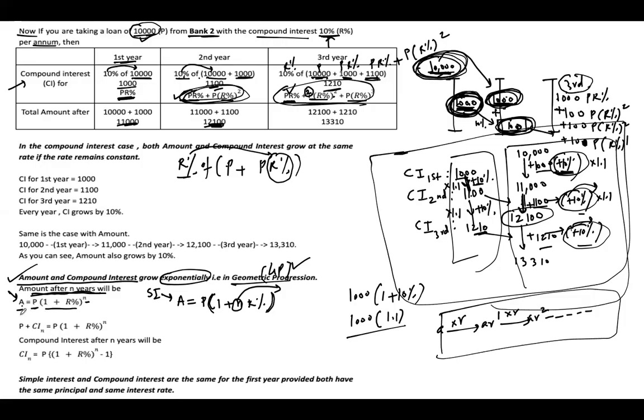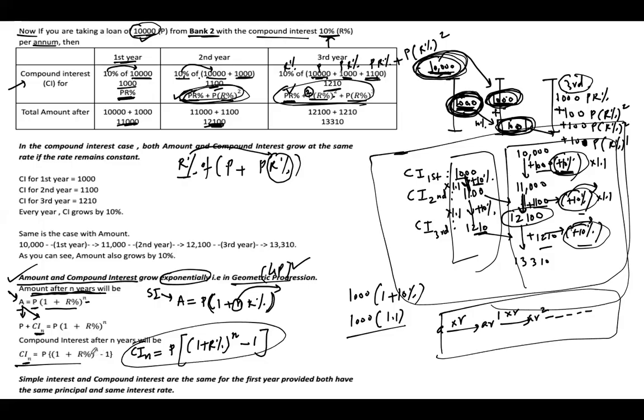The amount is made of principal plus interest. So compound interest, taking P common, for n years would be principal times (1 plus r percent to the power n minus 1). Formula-wise I don't think this is important, but you can remember.